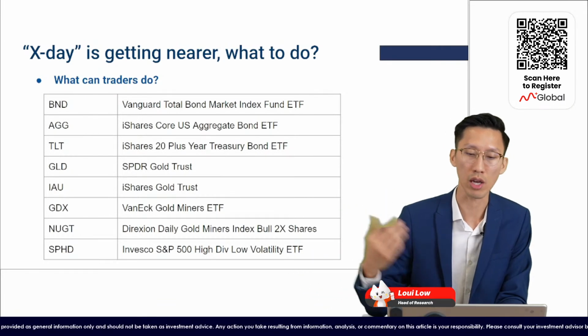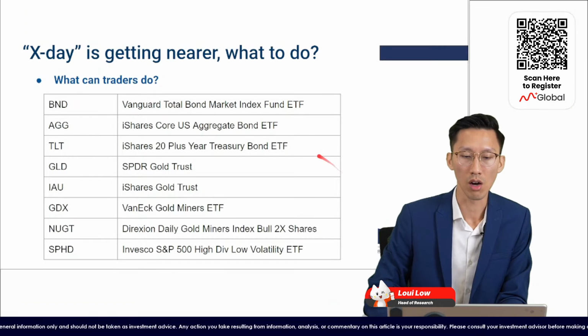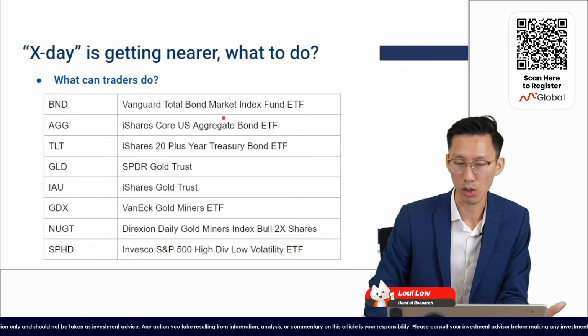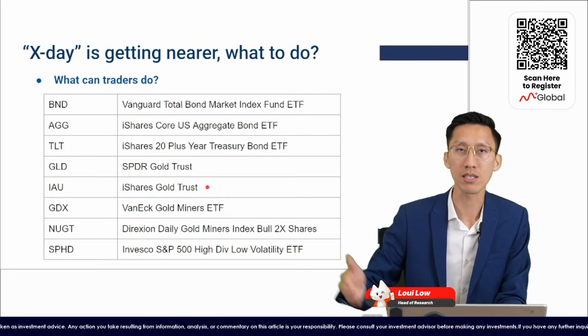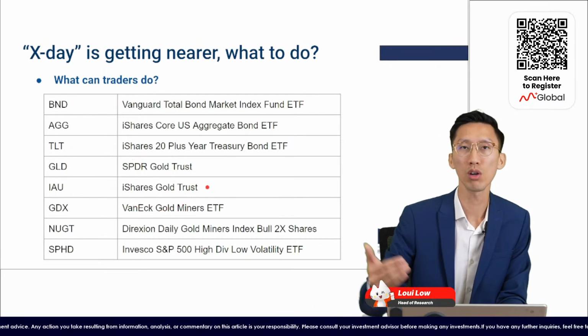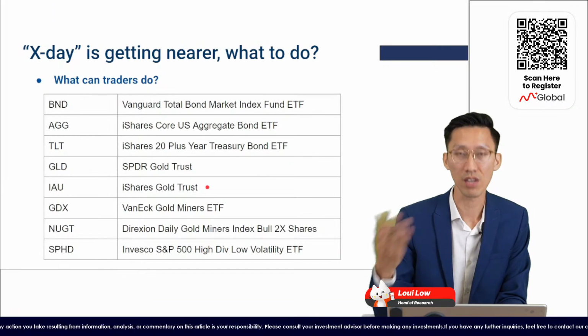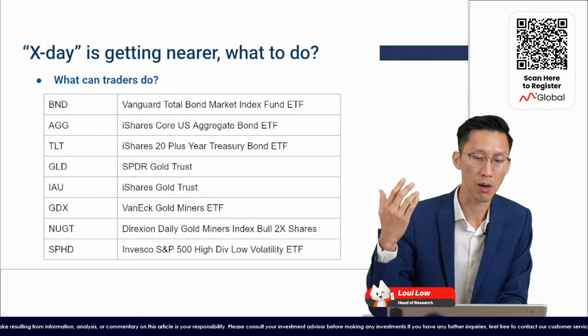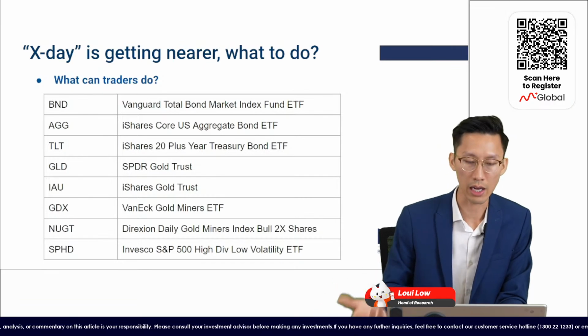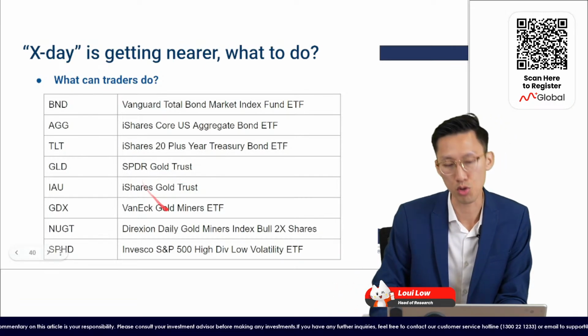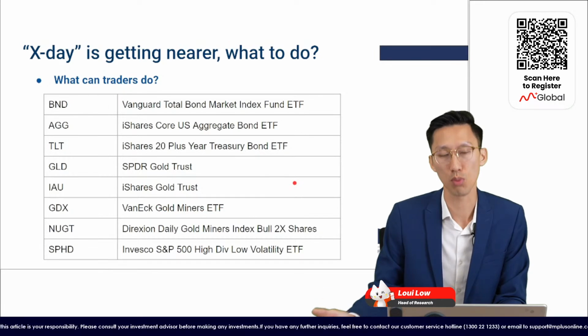What you can do is buy or sell or short the bond ETF, whatever it is, and you can trade gold ETFs because in an uncertain period, people go for safe haven assets. So investors will look out for GLD, IAU, GDX, or NUGT for gold-related exposure.